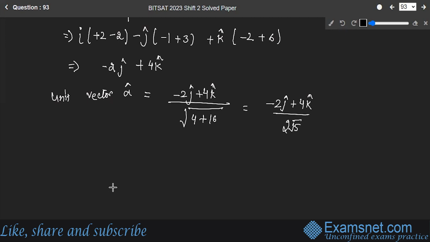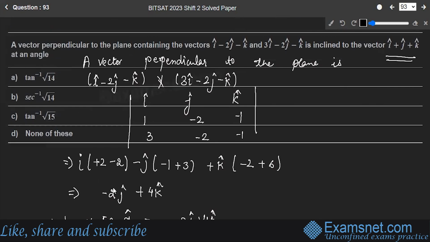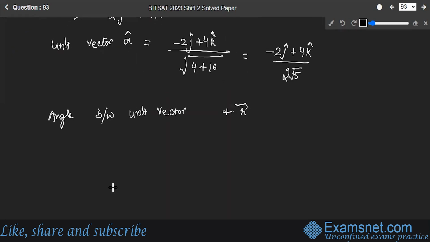Okay. Now, angle between the unit vector and this vector r is equal to i plus j plus k is given by cos inverse of r dot a divided by its magnitude.